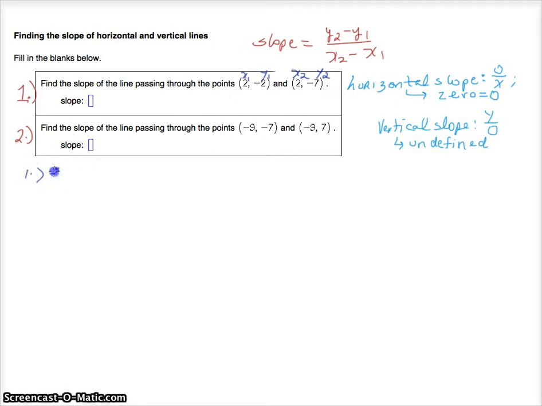So we'll say slope equals -7 minus -2. y2 is -7, y1 is -2. x2, so 2, minus x1, just 2.